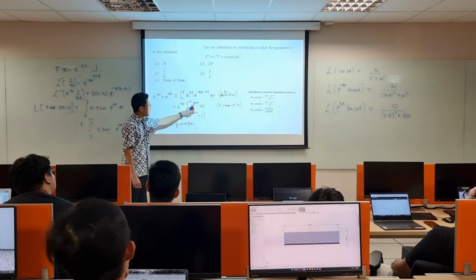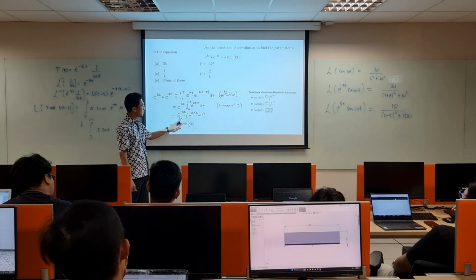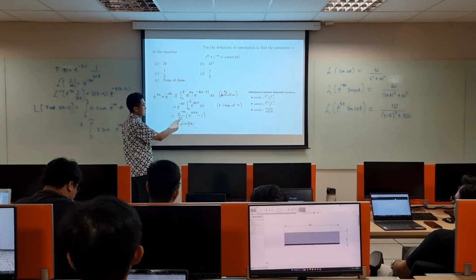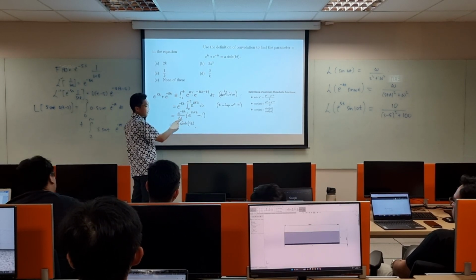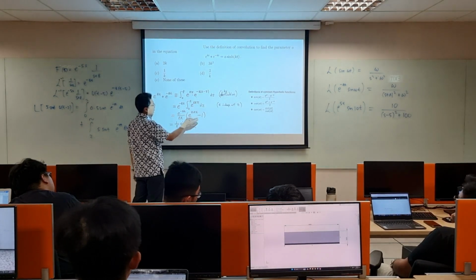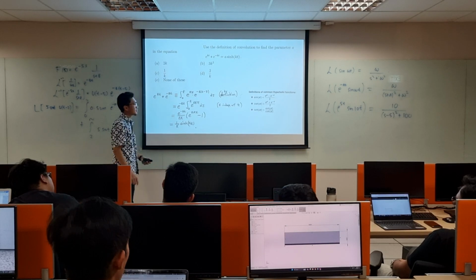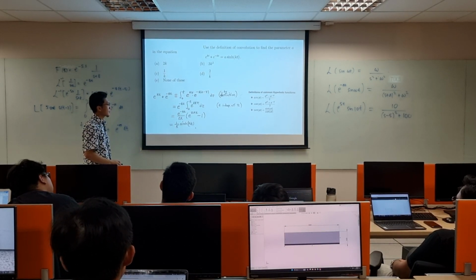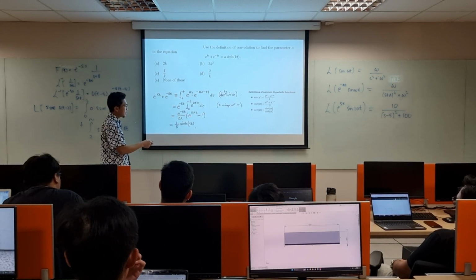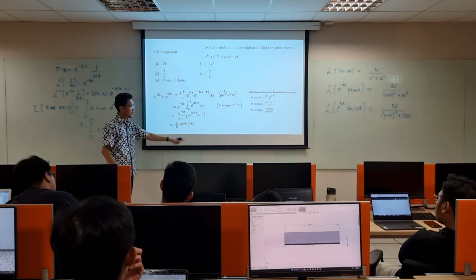You integrate this, the 2k becomes 1 over 2k, and then you have e to the 2k tau. You replace tau by 0 and t. You get this one. So your final result is 1 over k sine hyperbolic kt.